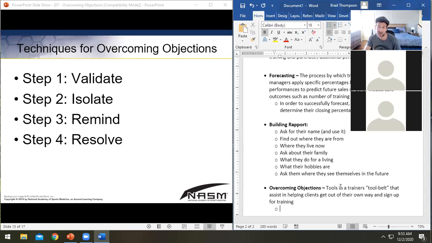Step three, we want to remind them of their commitment. So if they say it's expensive and they can't afford it, and then we isolated that and figured out that really it is the only thing they're worried about is that financial commitment, we want to remind them of why they came here in the first place, right? So we will remind them, all right, well, you said you wanted to get fit, but the problem is that you think this personal training experience is going to be too expensive.